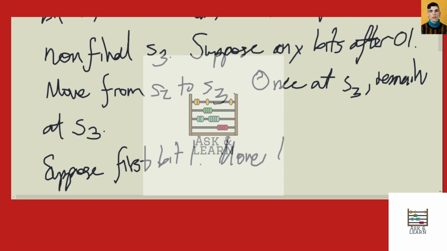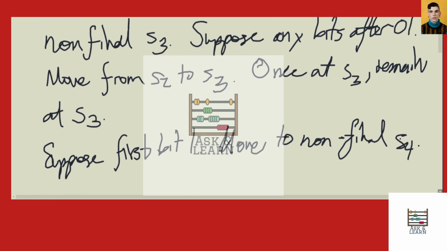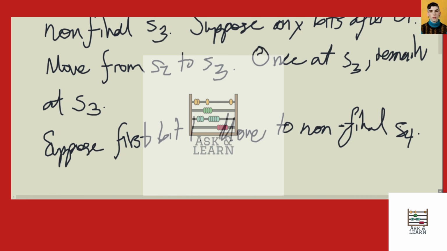So move to a non-final state that shouldn't be S3 because we won't be able to get out of S3, and 1, 1 is still recognized. So move to a non-final S4. Now, if the next digit is a 0, then we'll move to S3 because the string won't be recognized.